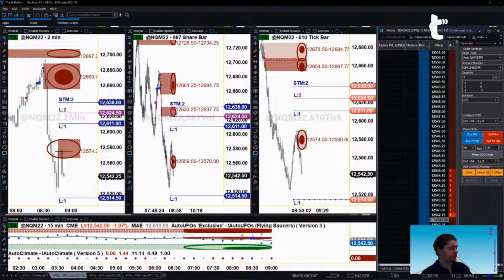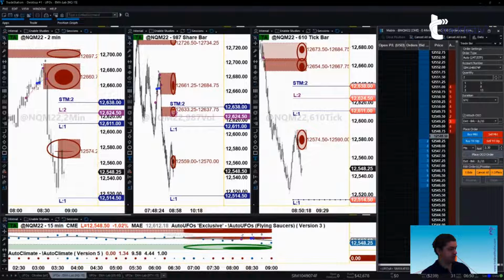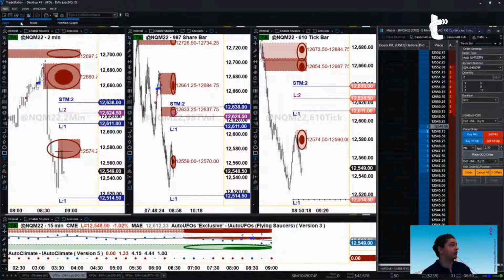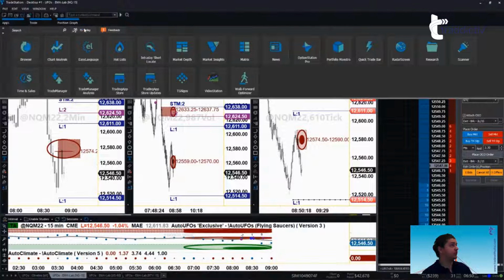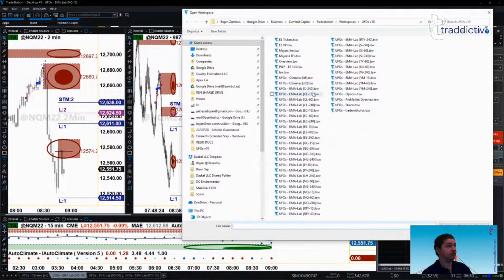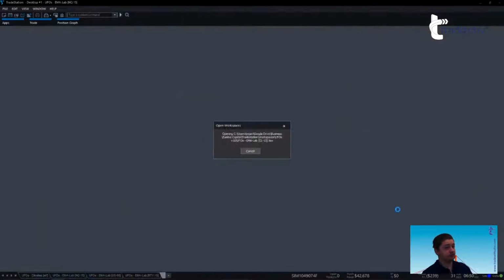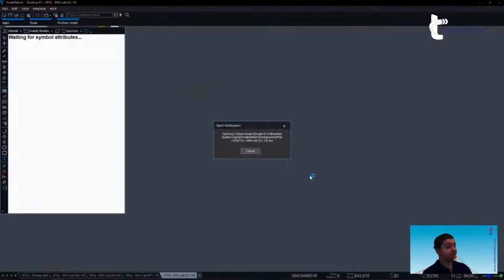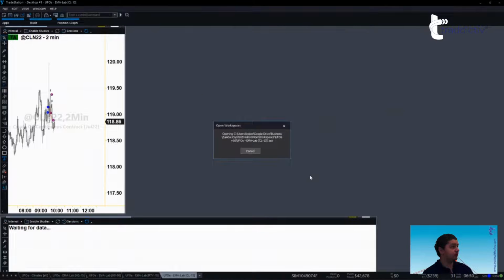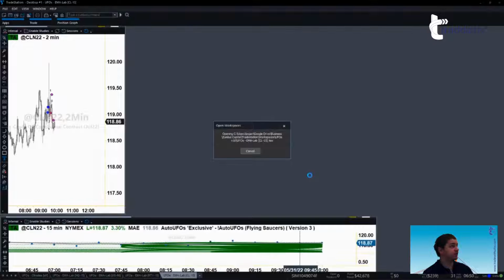Let me just double check something. Did I take? I didn't take the. So this is the setup, but I didn't take the screenshot of the crude oil T1 to 1. So let's open that up. Crude oil on the 50. I didn't take a screenshot of that. It was a stop out.